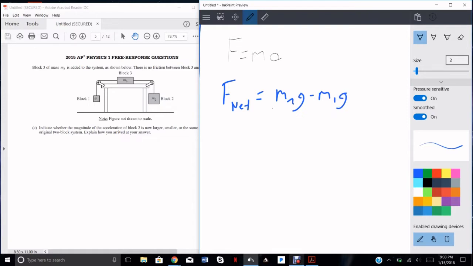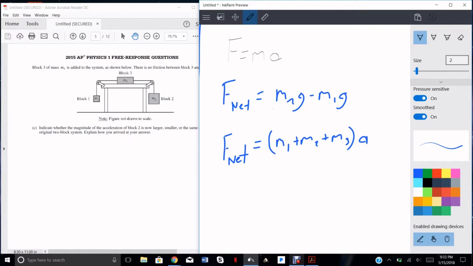However, the mass of the system has changed as block 3 has been added. So we see that the force net is now equal to mass 1 plus mass 2 plus mass 3 times acceleration.